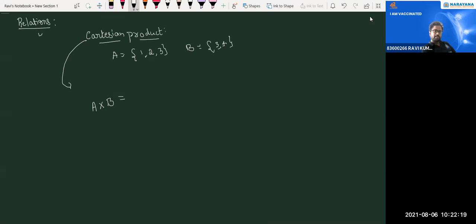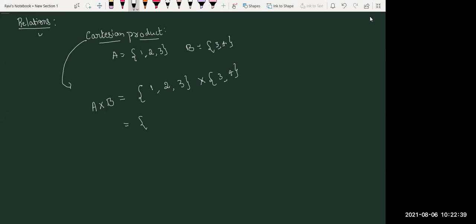So what is the meaning of A cross B? A is {1, 2, 3} cross B is {3, 4}. How many numbers are there inside A? 3, sir. B? 2, sir. Now I'm finding the Cartesian product.